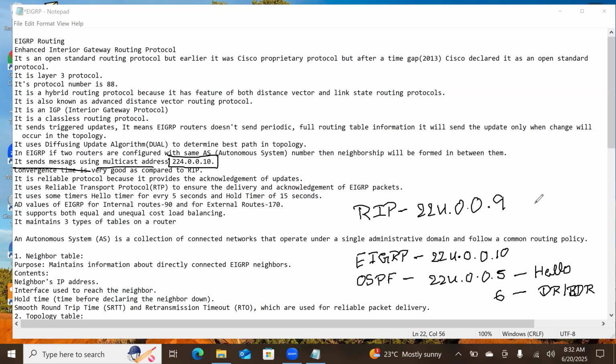Don't forget these multicast addresses. These are really important if you want to pass your mock interview.